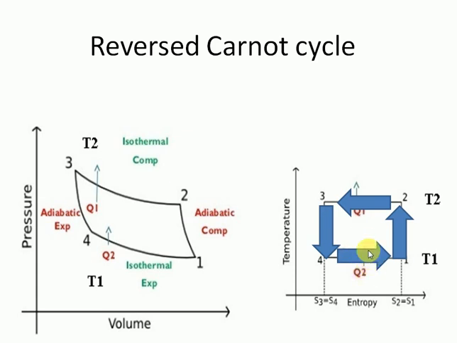This evaporator coil is wound around the space to be refrigerated. In a domestic refrigerator, the cabinet where we put the food items has the evaporator coil wound around it. That is what we call the refrigerator.